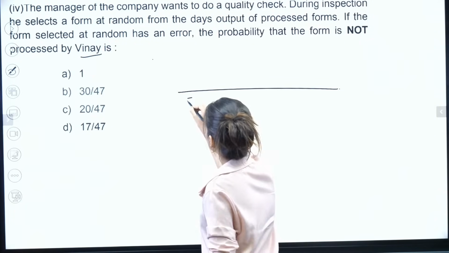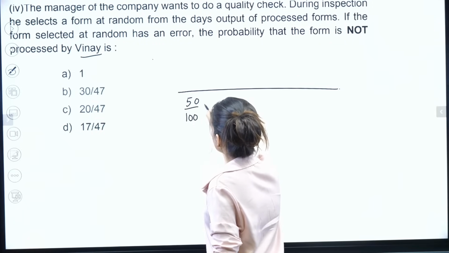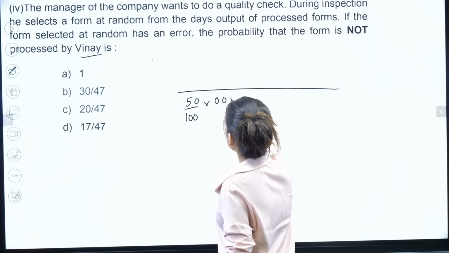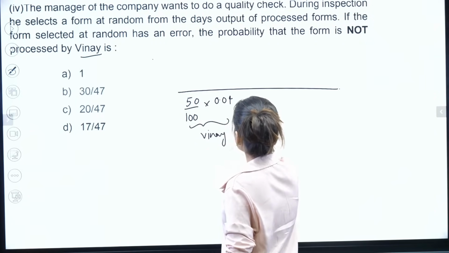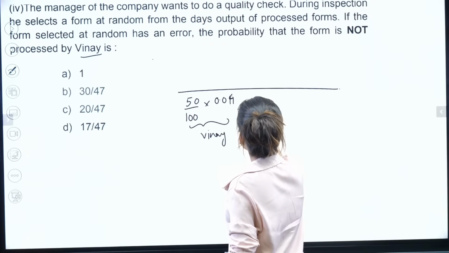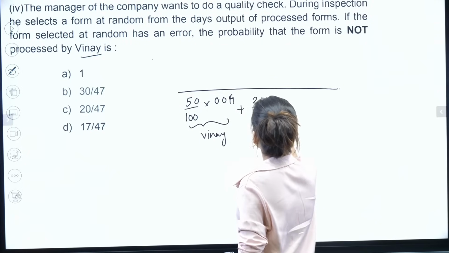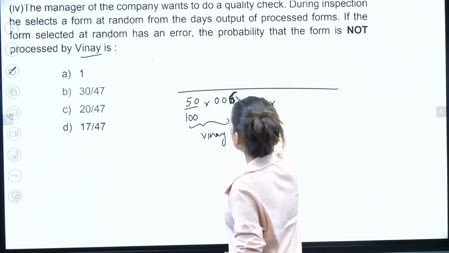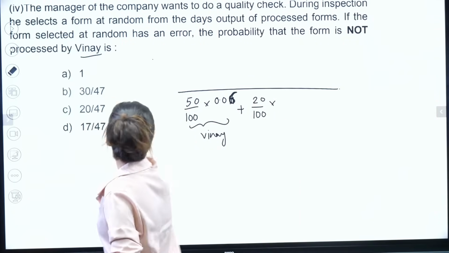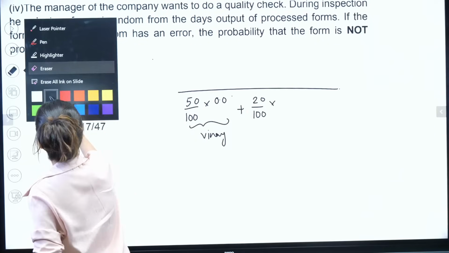So that is going to be 50 by 100 multiply 0.04. This is your, sorry, this is 0.06. Vinay ka 0.06 hai na? Vinay's data is 0.06, okay?